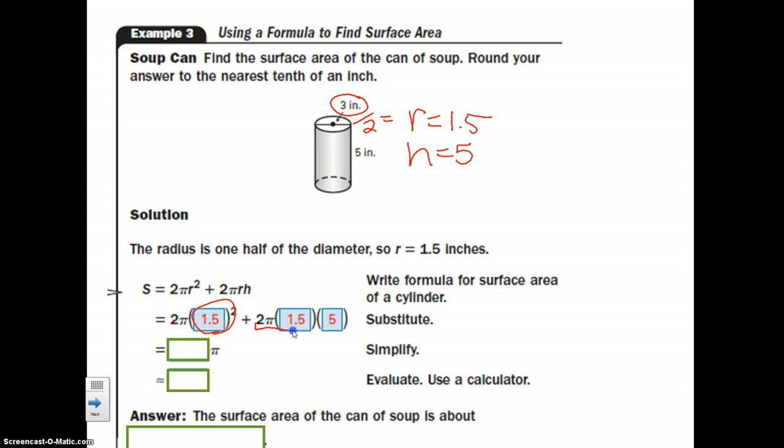Then multiply this whole thing, and then add it together. Adding should be last. You should get 61.3 approximately. So the surface area of a can of soup is about 61.3 square inches. You might have a slightly different number just because anytime we talk about pi, we are rounding.